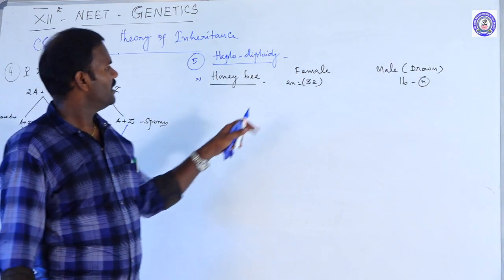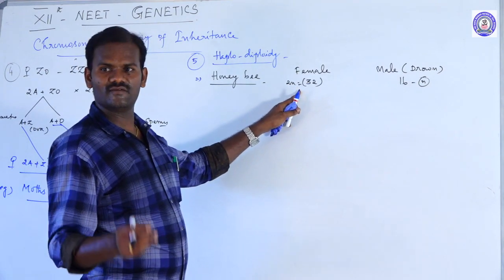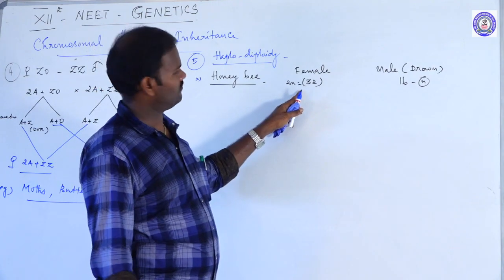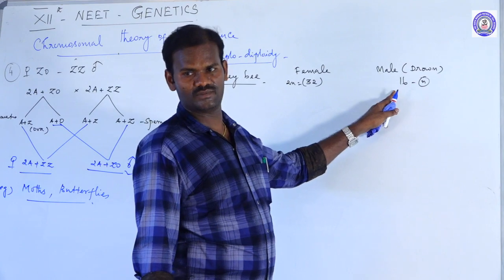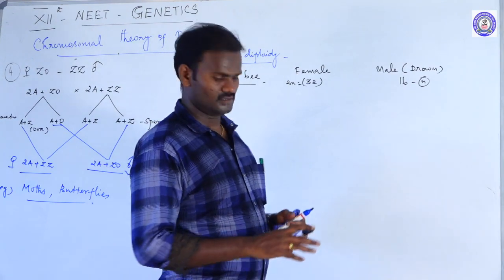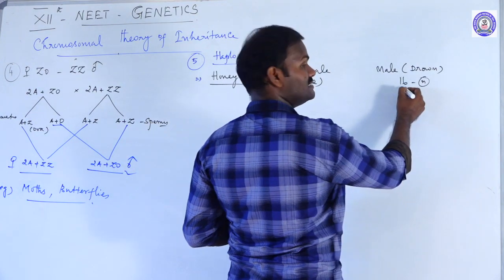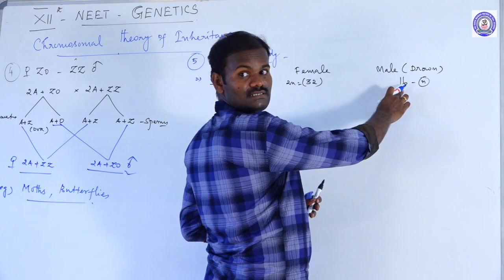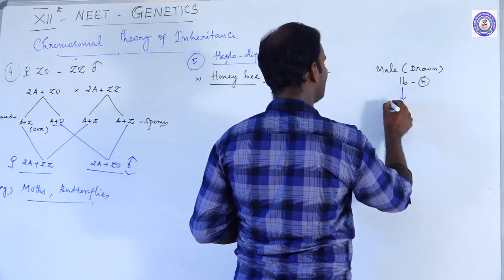Why? Because the female is formed by fertilized egg, whereas the male is formed from unfertilized egg. The unfertilized egg develops into male. So that is why it is haploid. But here meiosis cell division does not occur in the male. So only mitosis cell division takes place.